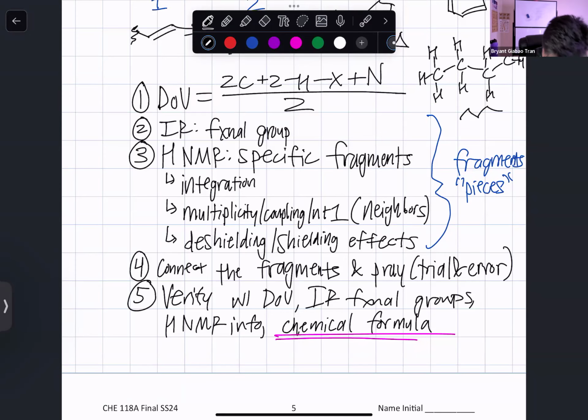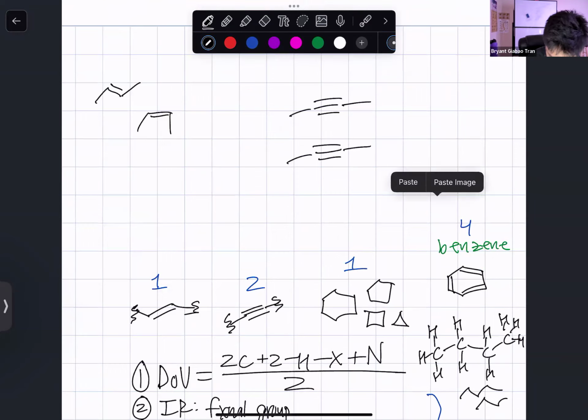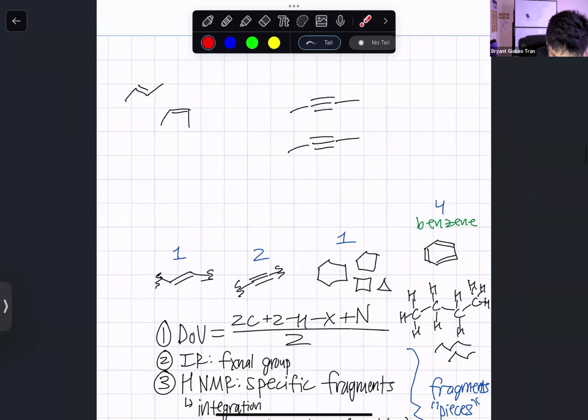All of these are alkanes. Alkenes are double bonds. So that's an alkene. That's an alkene. Alkynes are triple bonds. They sound very similar, but they're different because of the bond order they have. Alkane has a bond order of 1, single bonds. Alkene will have a bond order of 2, double bonds. Alkyne will have a bond order of 3, triple bond.